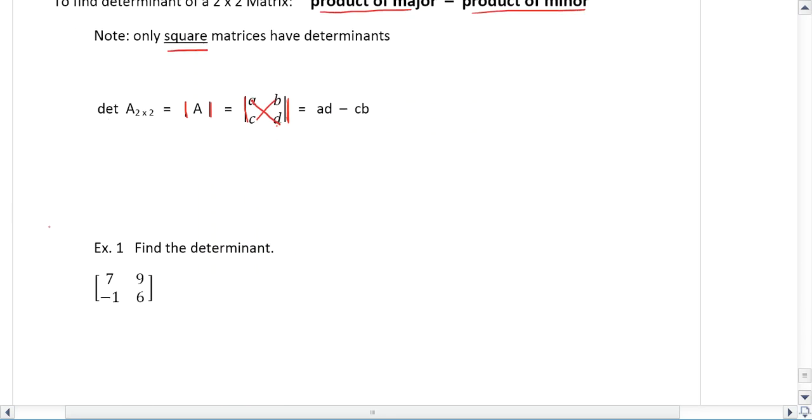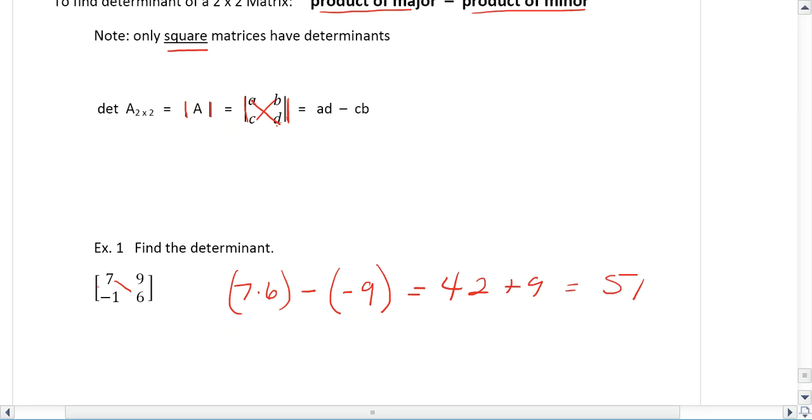Here, if we're to find the determinant of this matrix, we take 7 times 6, and we're going to subtract from that -1 times 9, which is -9. And 42 plus 9 is 51. So the determinant of this matrix is 51.